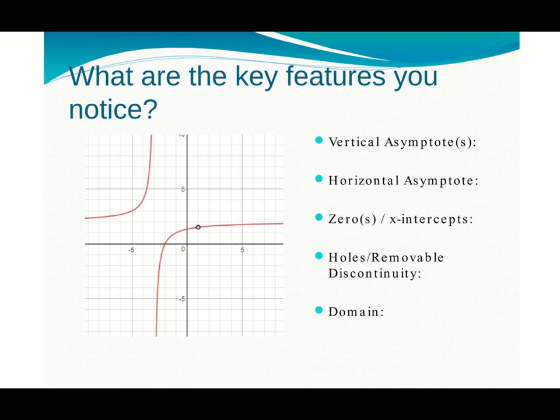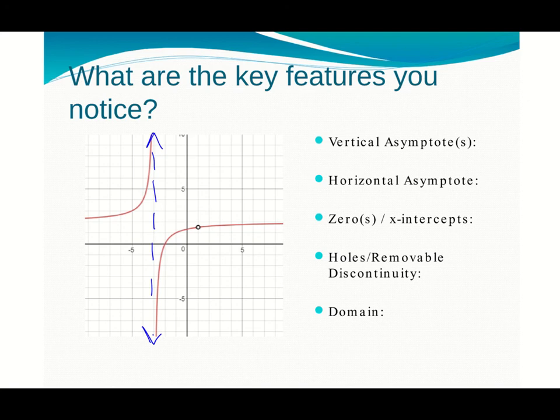So if we look at where our vertical asymptote is, what line can we draw that these two pieces of our graph are approaching but never crossing? And that's going to be right here when x is at -3. So that is going to be our vertical asymptote. Remember, our vertical asymptote is always going to be the equation of a line.